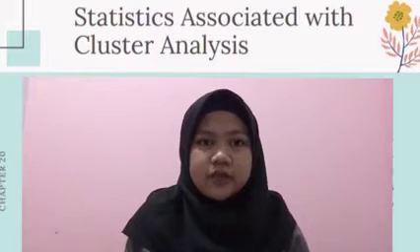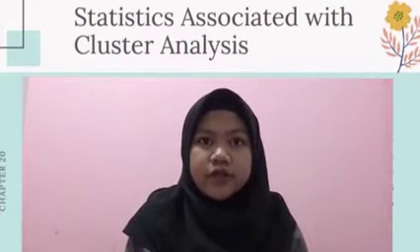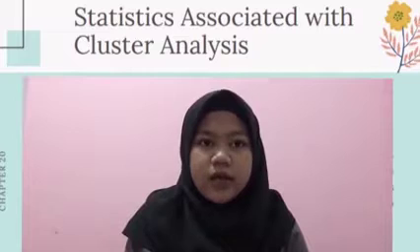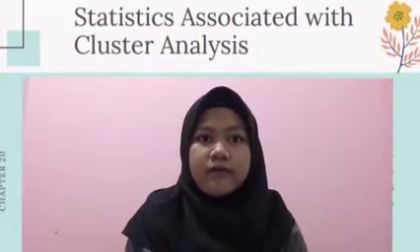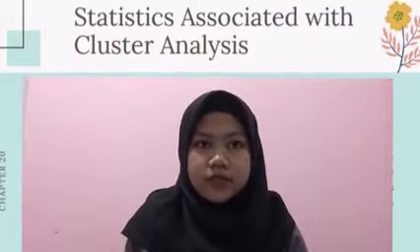Most clustering methods are heuristic, which are based on algorithms. Thus, cluster analysis contrasts sharply with analysis of variance, regression, discriminant analysis, and factor analysis, which are based upon an extensive body of statistical reasoning.